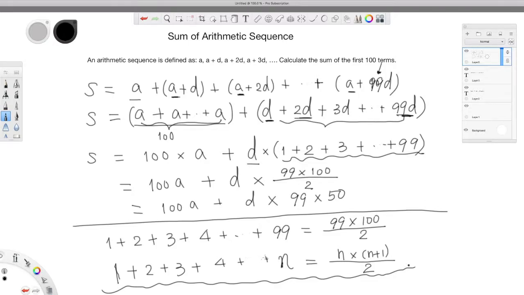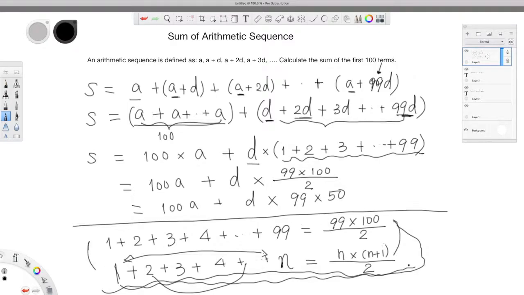And the proof of that is actually pretty easy. One way is, again, using pairs: 1 plus n, 2 plus n minus 1, and so on. We're not going to go into detail of that, but this is something that we should know by now. That's it.